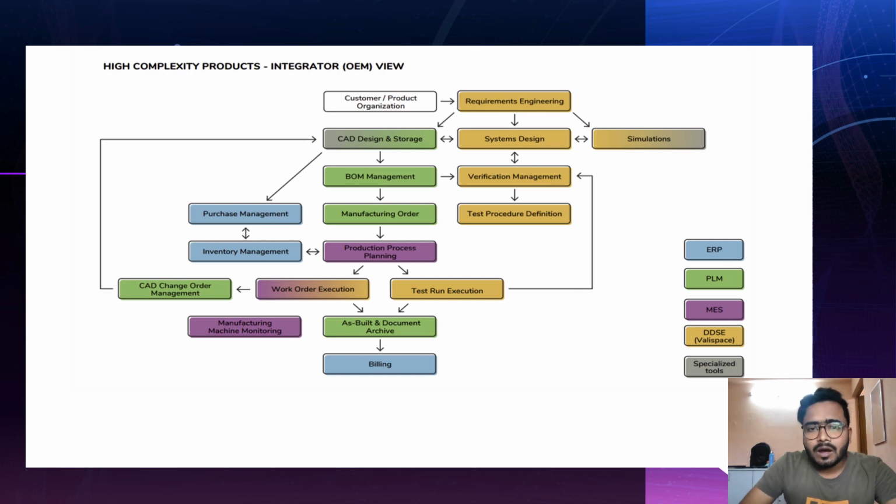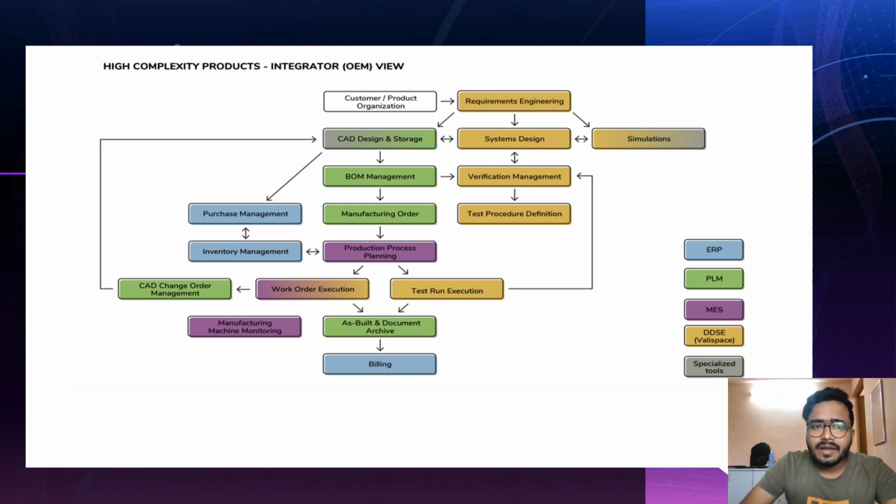This diagram includes all the properties of Valispace software, all the requirement of Valispace software like purchase management, inventory management, work order execution, change order management, and many more like test run execution, system design, verification management, test procedure definition, and many more. You can see it.